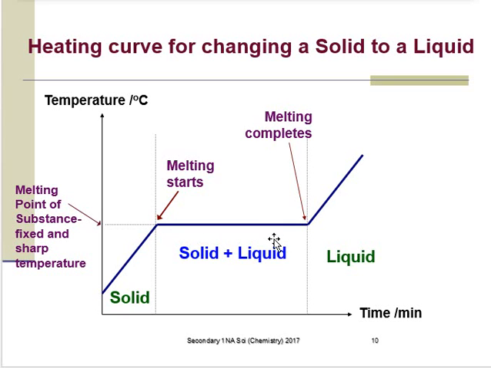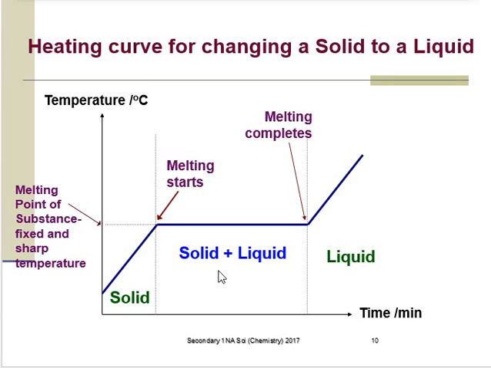Once we reach the melting point, the melting will start, and you will realize that the temperature will remain constant. It will not increase further until melting has completed. That means all the solid has melted to form your liquid.